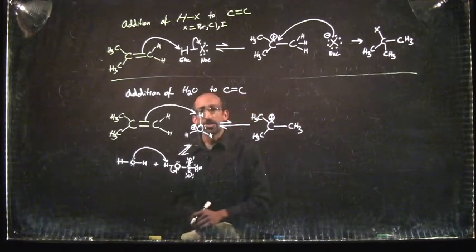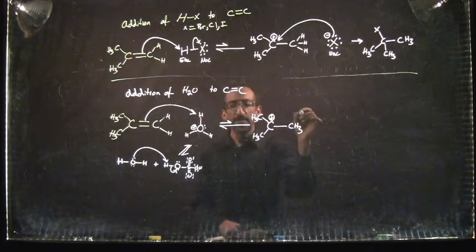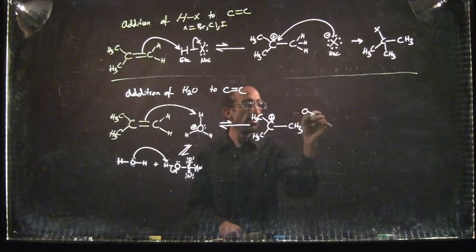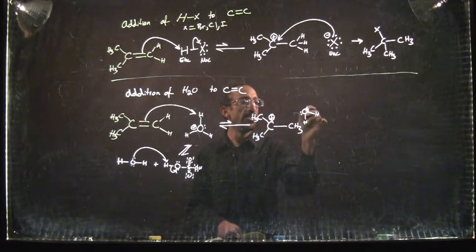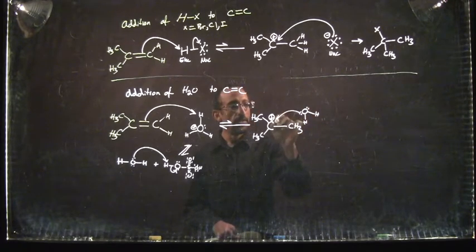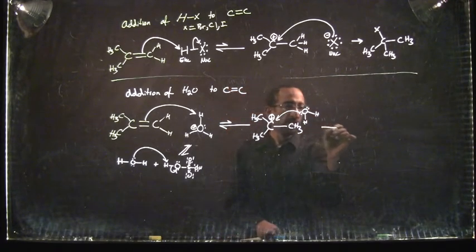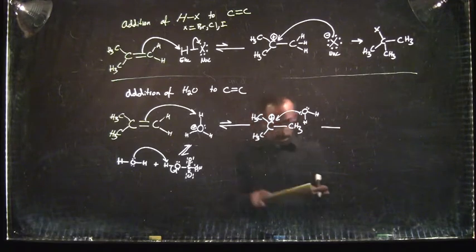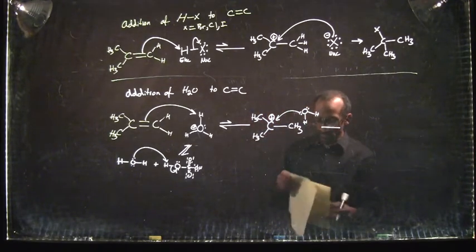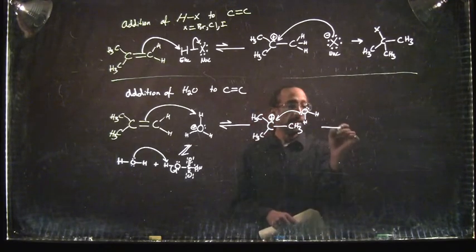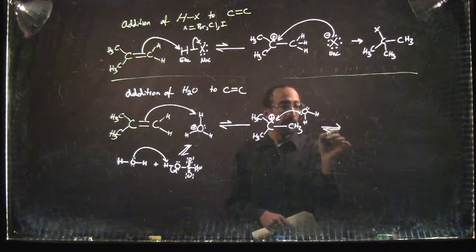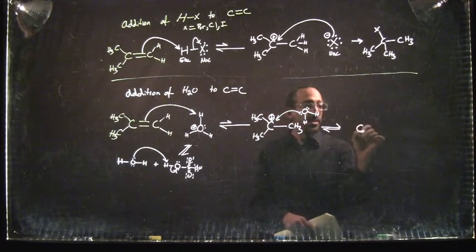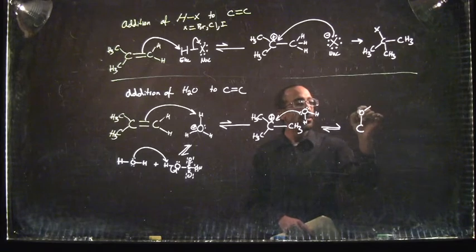So we have now our tertiary carbocation, and we have now regenerated water, which will serve as our nucleophile, forming a bond to that carbocation, giving us an oxonium intermediate.